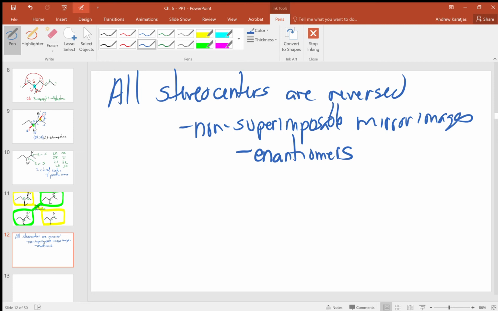And the noteworthy thing about enantiomers is essentially they're almost chemically not distinguishable. Enantiomers are only distinguishable in the way that we saw earlier, in their interaction with plane polarized light, as Pasteur discovered, or when they're interacting with other chiral substances.